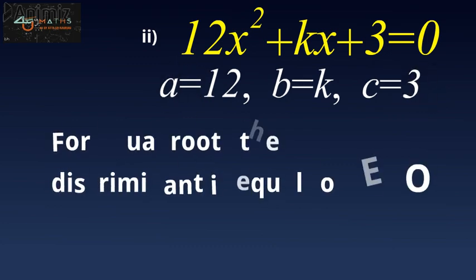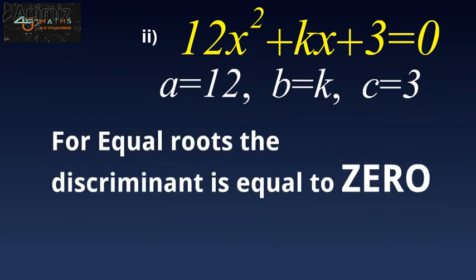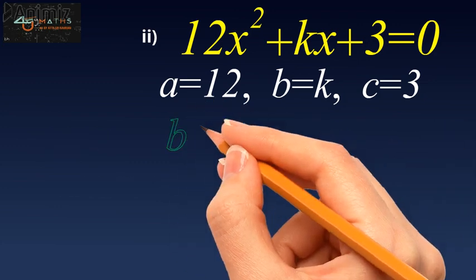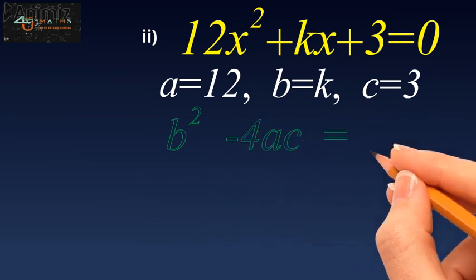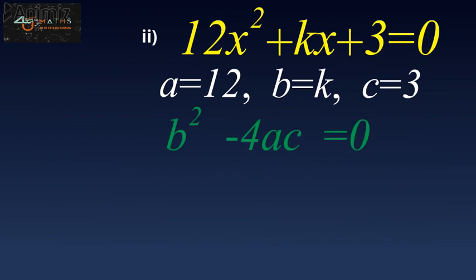Since for equal roots the discriminant is equal to 0, that is b square minus 4ac will equal to 0.